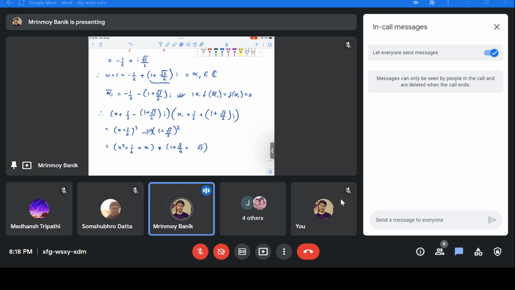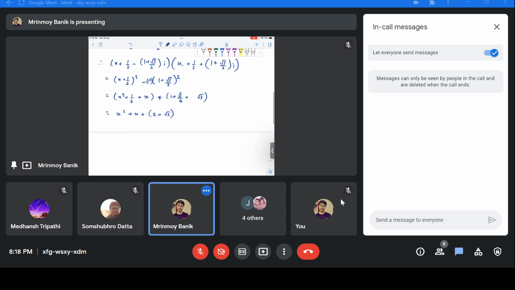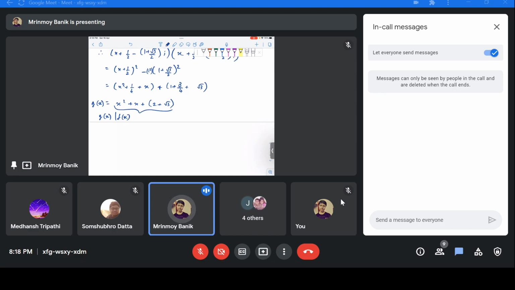Oh, sorry, just root 3. That is x squared plus x plus 2 plus root 3. Right, so this thing, call it g(x). So g(x) divides f(x). Now, this is already a polynomial of degree 2, but we are still not done.